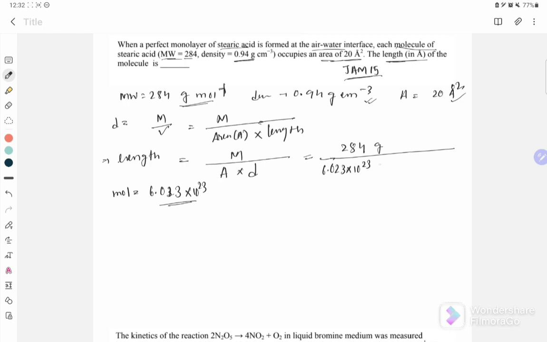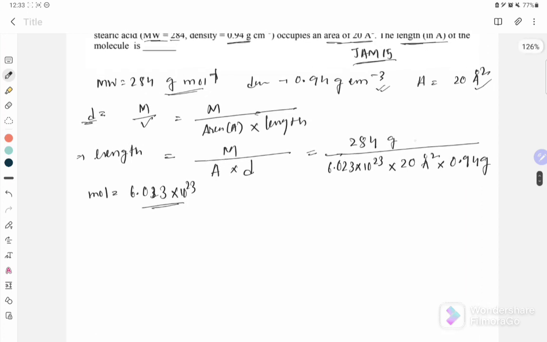A is 20 angstrom square, and d is 0.94 gram per cm cubed.